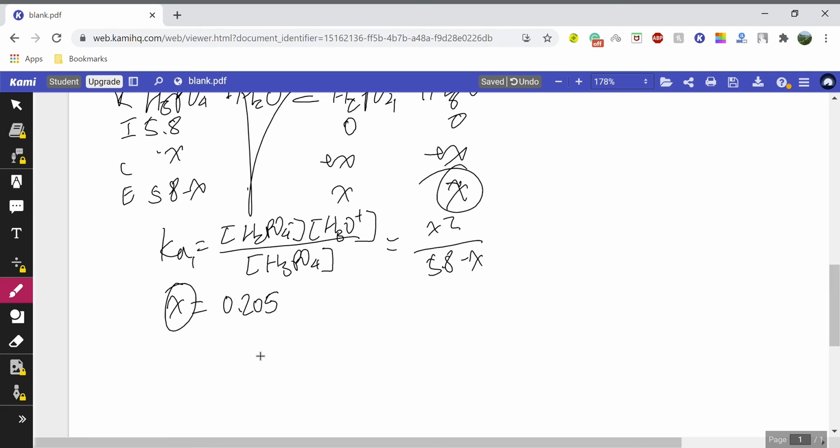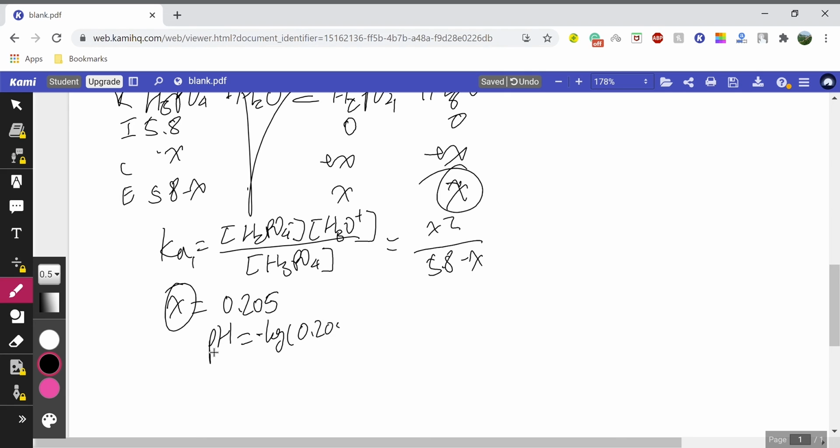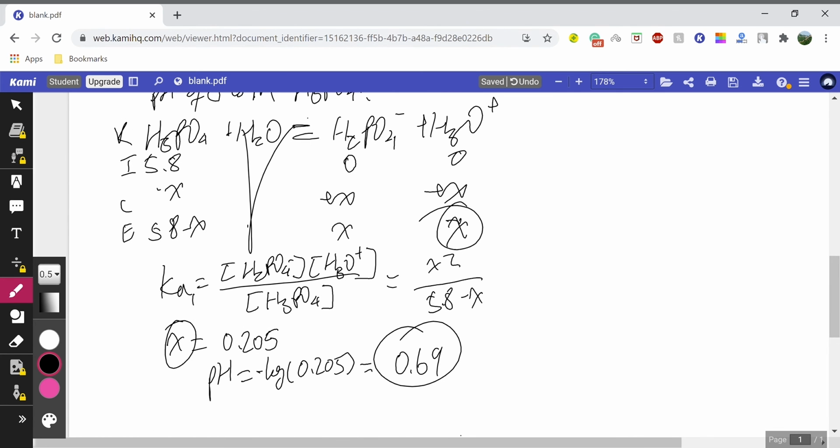Now that we have the concentration of H3O plus, we can find the pH. pH is equal to the negative log of 0.205, which is 0.69. So that's our pH. Our pH for this acid is going to be 0.69.